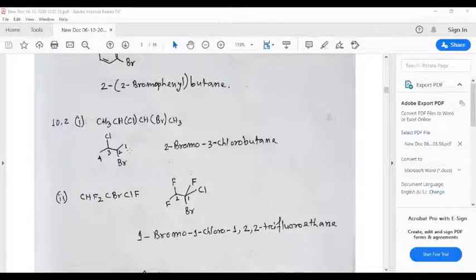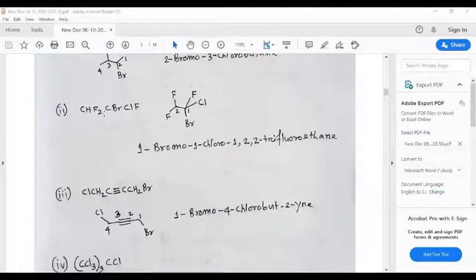In question number 10.2, CHF2CBr. There are 2 carbons, so it's a derivative of ethane. In these carbons, one is hydrogen, 2 fluorine. So there are 2 fluorines, and in this carbon, one is bromine, one is chlorine, one is fluorine.